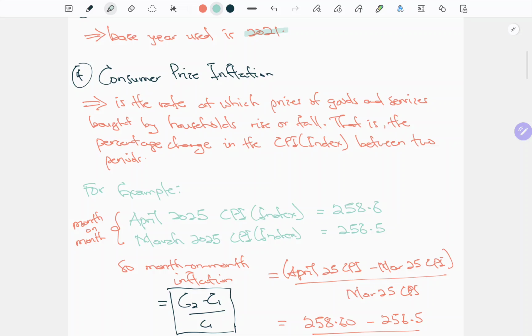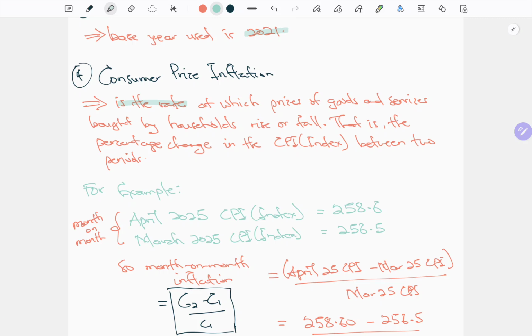If you measure the change in rate, the rate at which these prices are moving, then you enter into the terrain of inflation. So there's the index that measures the quantum, and then the movement between those two quantums, which we call the rate of change, or the mathematicians here will say the differential, would amount to inflation, right?